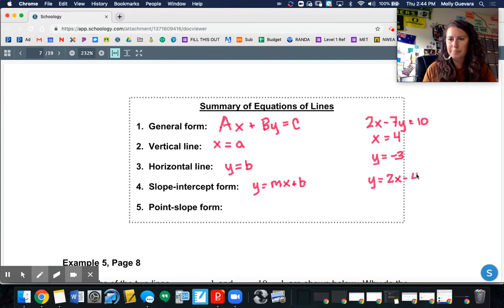Something like that. And then point slope form requires that you know a point and a slope. So I would do my y minus y1 equals m times x minus x1.